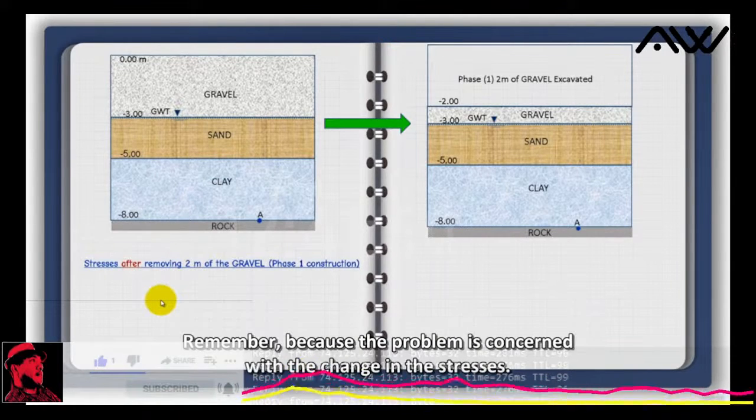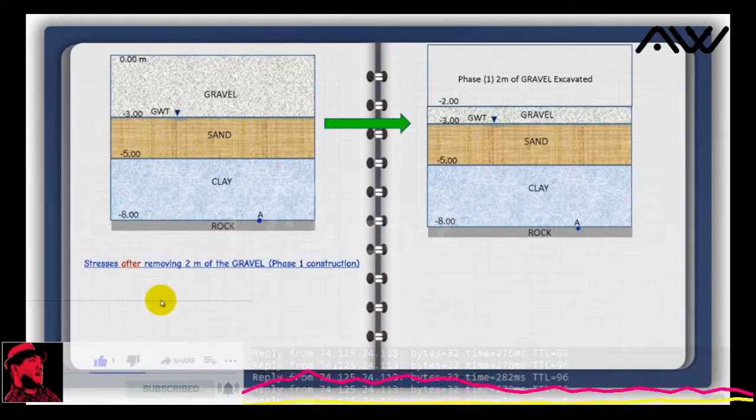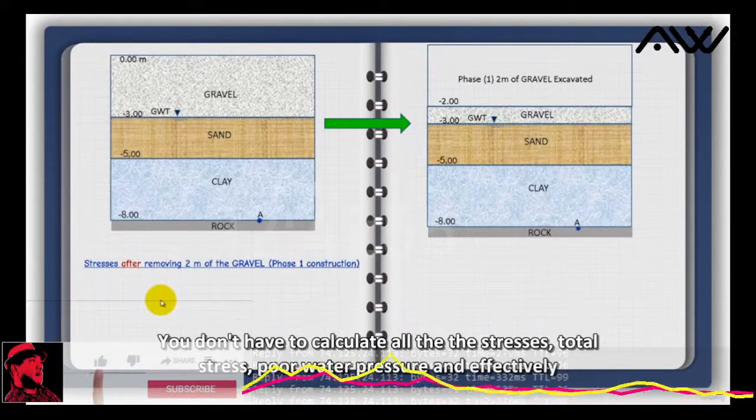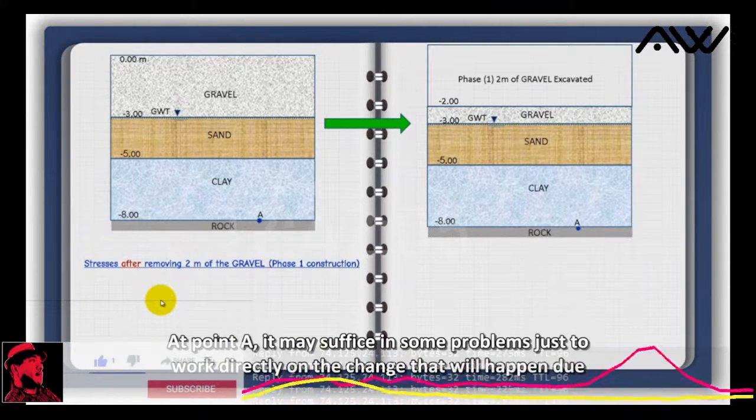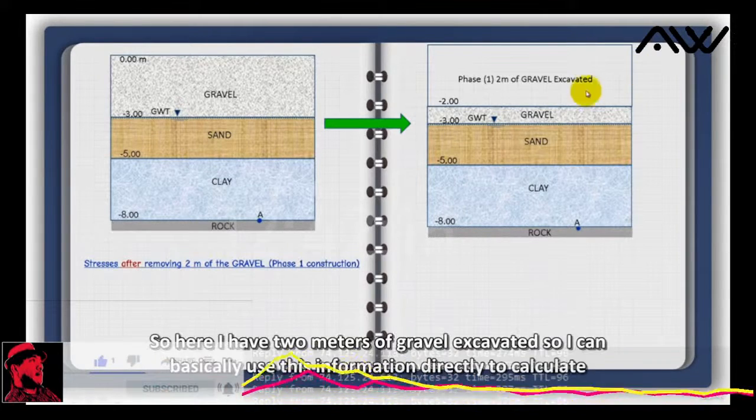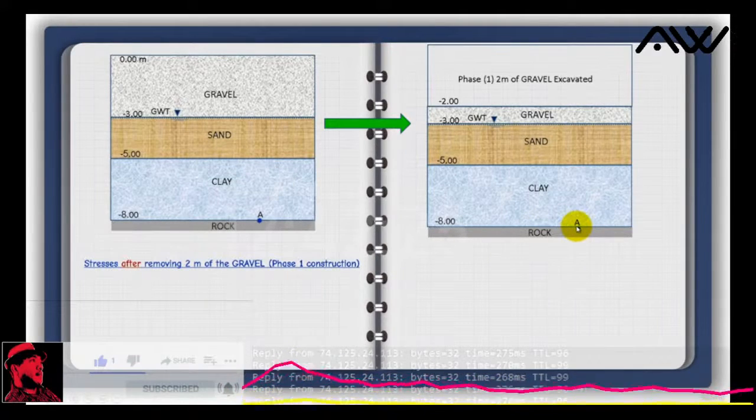Remember, because the problem is concerned with the change in stresses, you don't have to calculate all the stresses, total stress, pore water pressure, and effective stress from the difference between the total stress and the pore water pressure at point A. It may suffice in some problems just to work directly on the change that will happen due to certain loading condition. So here I have 2 meters of gravel excavated, so I can use this information directly to calculate the change in stresses at point A.